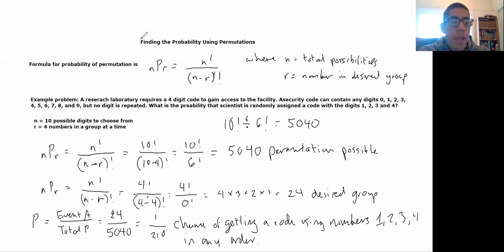So we have 4 possibilities, so 4 factorial divided by 4 minus 4, which is the number in the group. They just happen to be the same number. That's not always going to be the case, but here they are. So then we have a really weird situation: we have 4 factorial divided by 0 factorial.